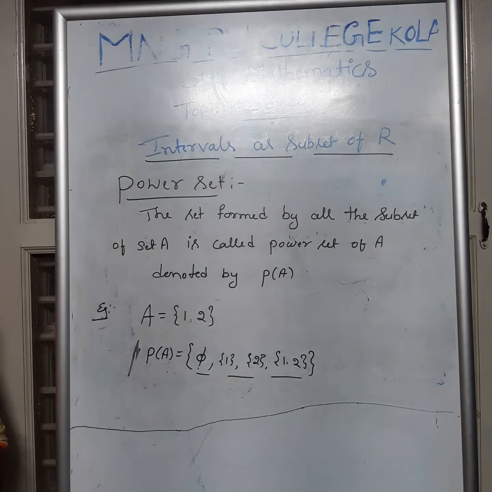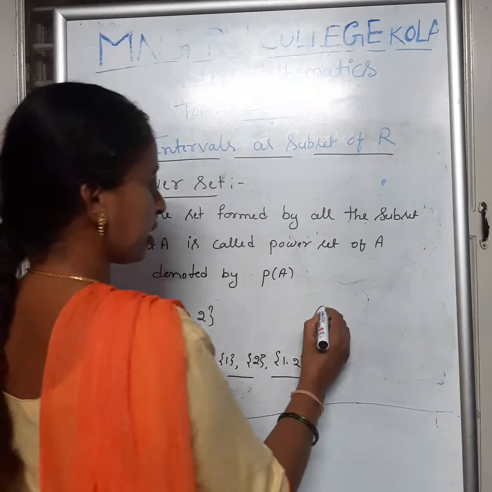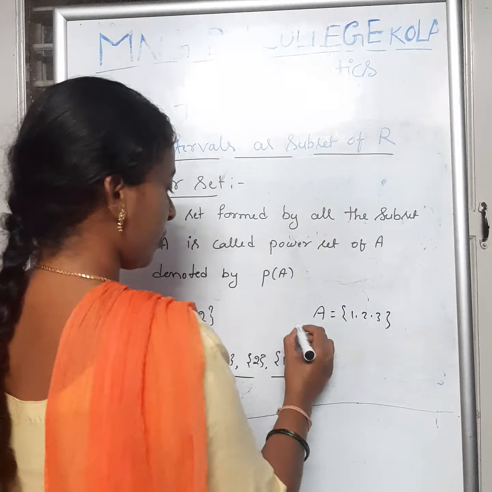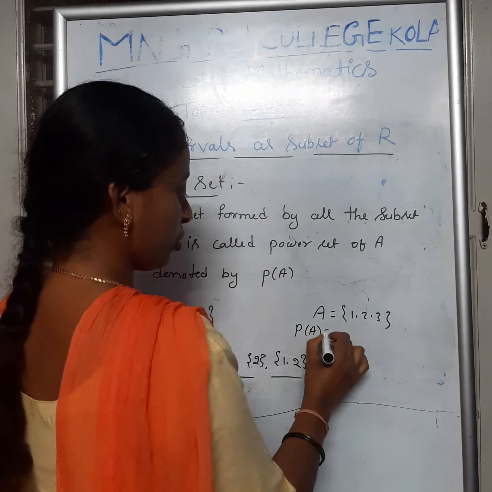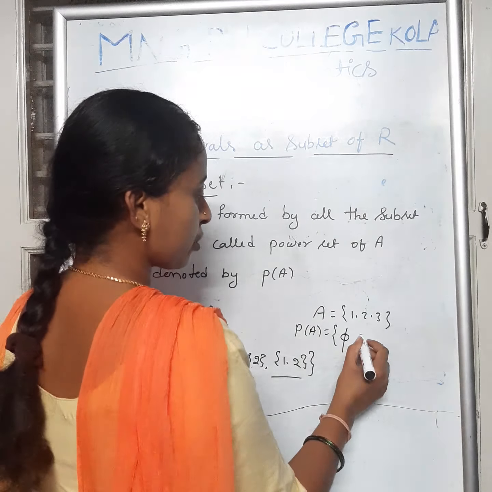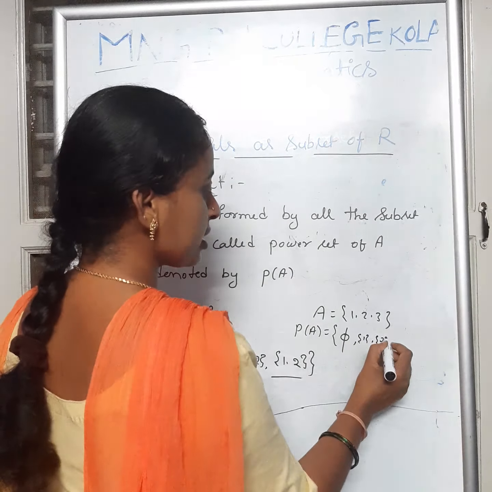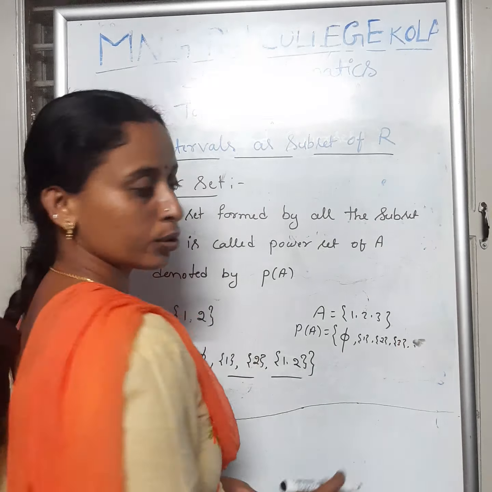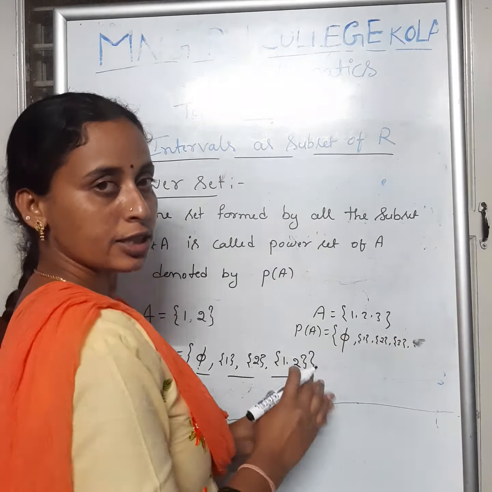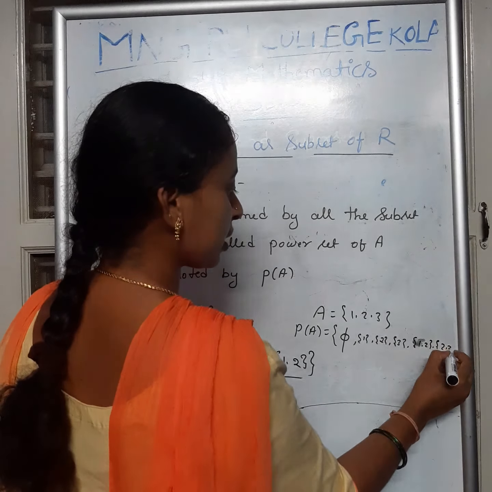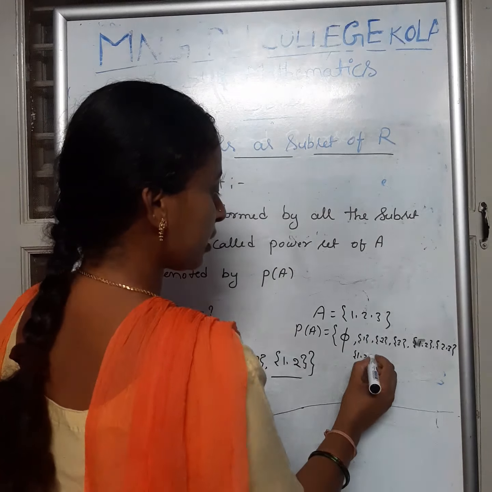Okay, understood? Suppose here I take A equal to 1, 2, 3. Then P of A equals the null set, which is a common subset to any set. Now we take the singleton sets, 1, 2, 3. Next, pairs of subsets: 1, 2 one pair, 2, 3 one pair, 1, 3 one pair.